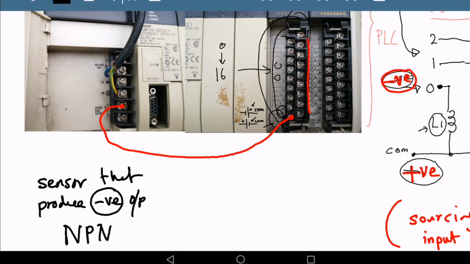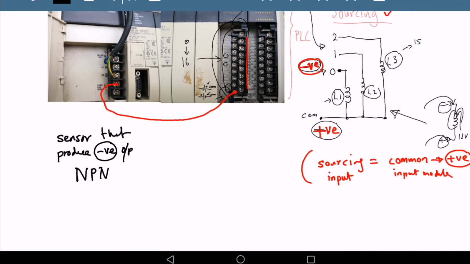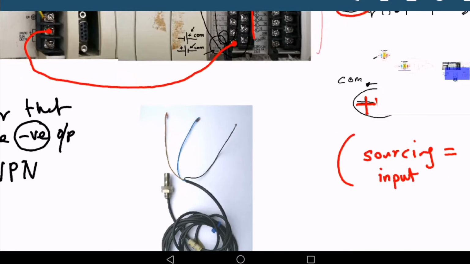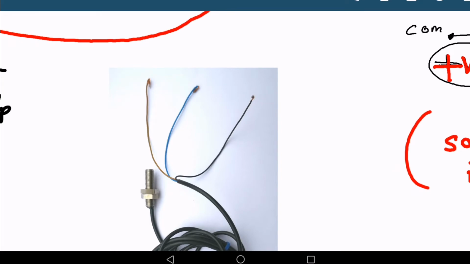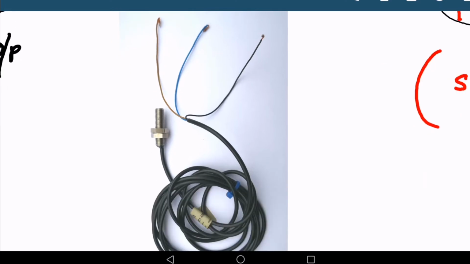Alright, that's why you need to know the difference between NPN and PNP. Now, we say it is NPN. How do we want to do the connection? We take one NPN sensor. This is an NPN sensor, an inductive type sensor.